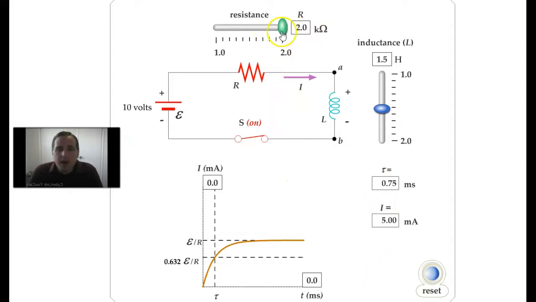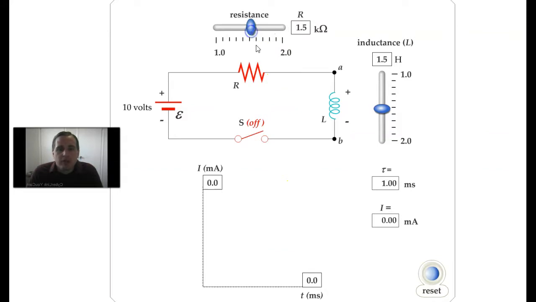All right, how about if we go back to our original value of resistance, but now let's increase the inductance. Notice the time constant is larger. Let's think about why that is. So if we have a larger inductance, the inductor pushes back against the battery more with a stronger push.